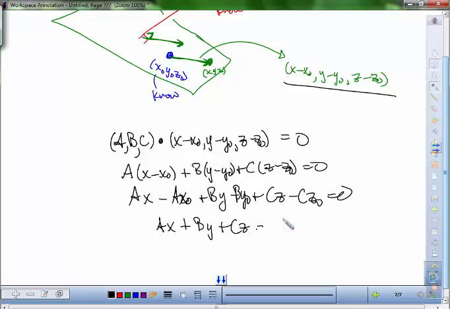Usually for a line, ax plus by equals c is the standard form of the equation of a line.